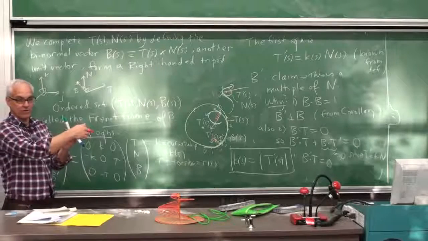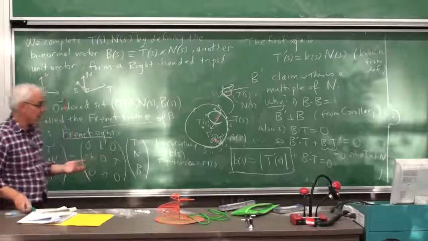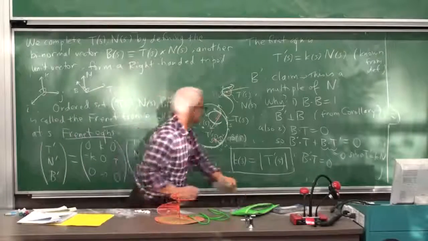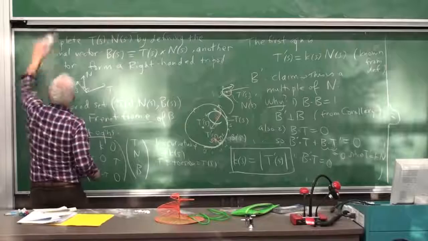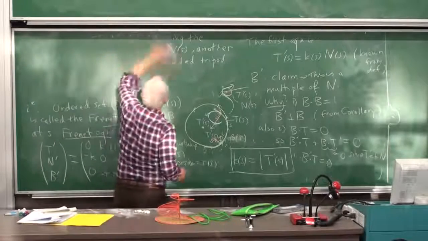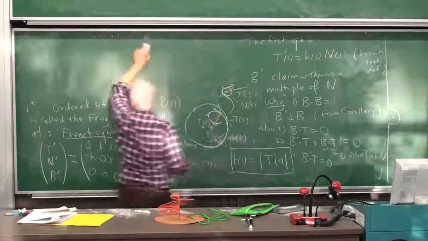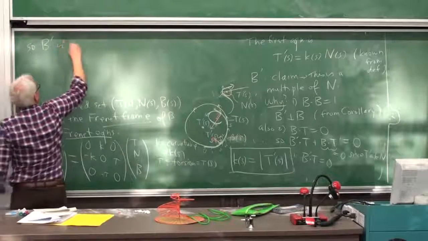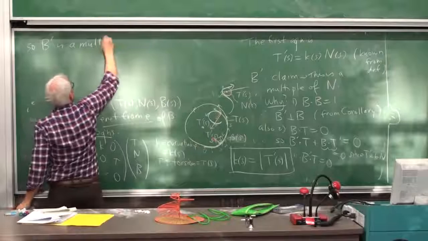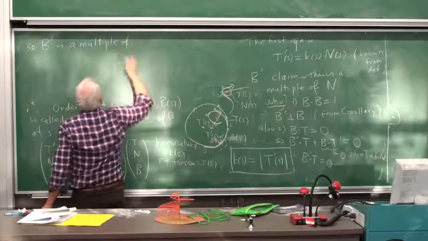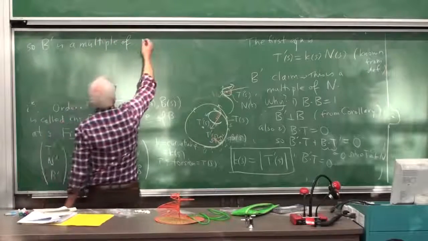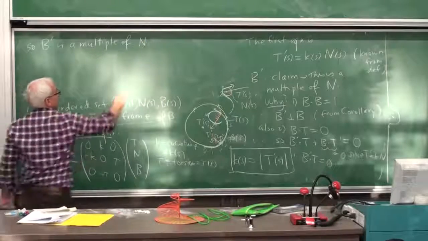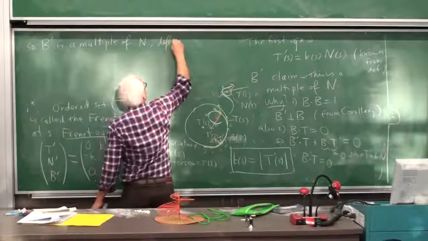That's the normal vector. So we conclude that b prime is a multiple of the normal vector.